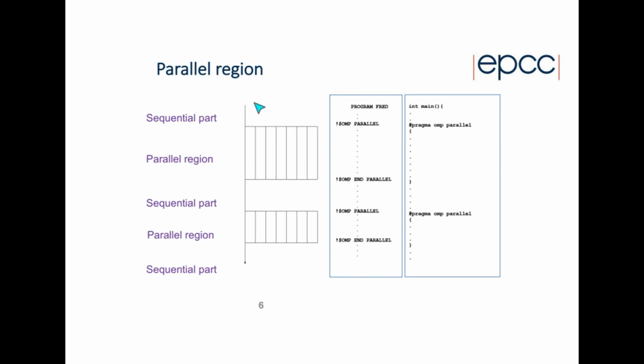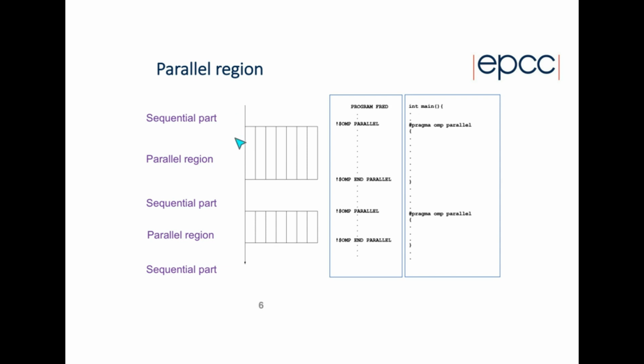So we start off executing only on a single thread, just as though it was a sequential program. When we get to this first parallel region, the master thread creates a team of threads. In this instance, I've shown a total of 8 threads. The master thread always takes part, so the parallel region is executed by the master thread and 7 other threads in this case.